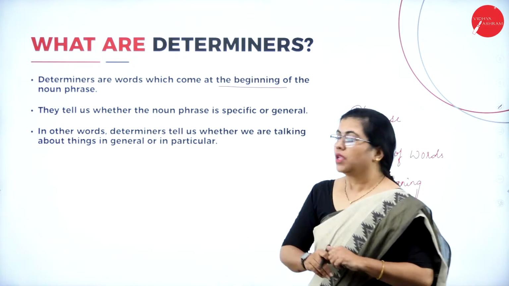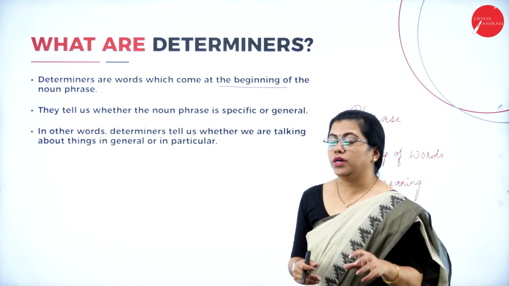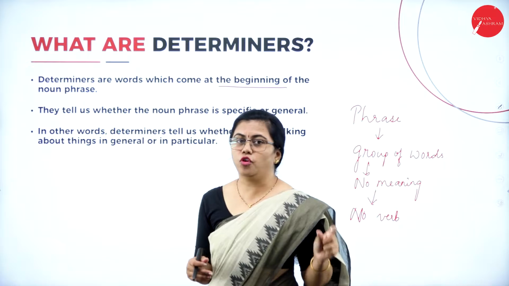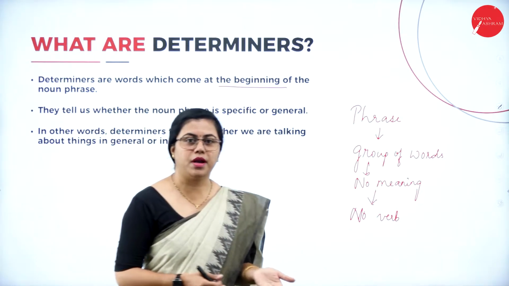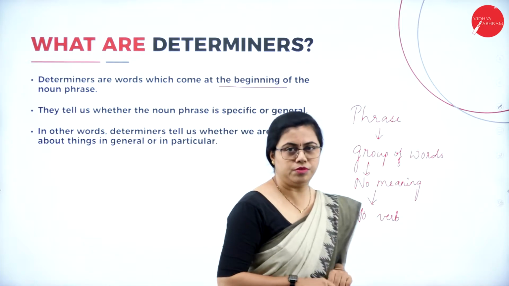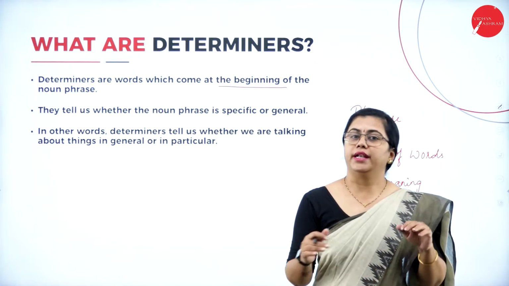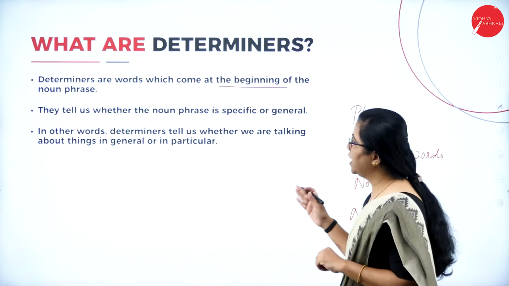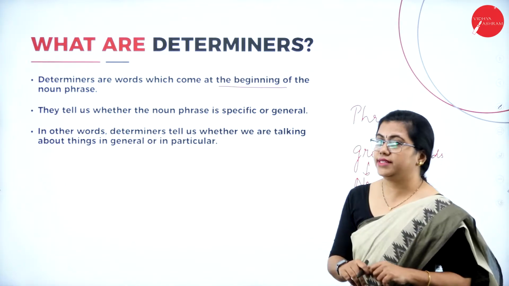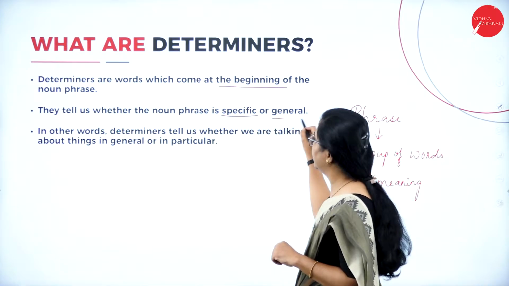So coming here, determiners are those words that come just before a noun or a noun phrase. It can be in the subject part or in the object part of the sentence, but it has to be there before the noun. They tell us whether the noun phrase is specific or general.